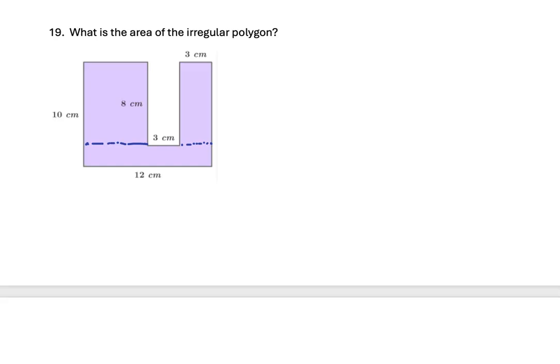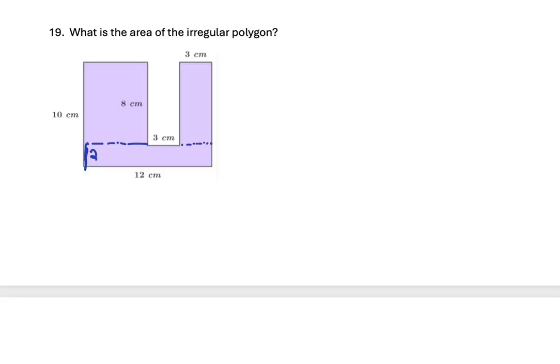So to find the area of this rectangle on the left, I need to know length and width. Well, I know this total length here is 10, right? And this length on this side is 8. So this little piece down here at the bottom must be 2, right?